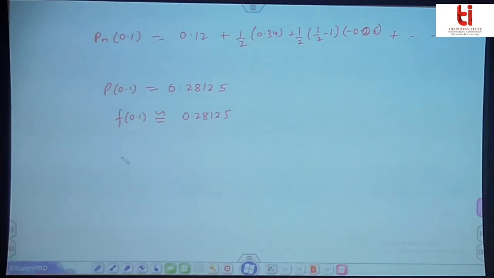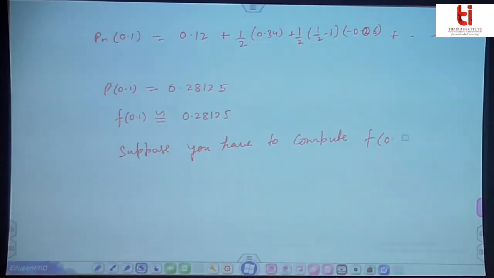Suppose you have to compute f at 0.7. In that case, you will apply the Newton backward formula. Let us suppose the value you have to compute is 0.65.